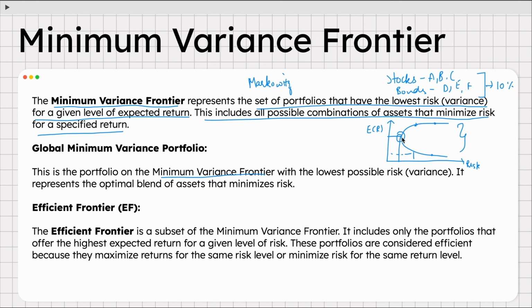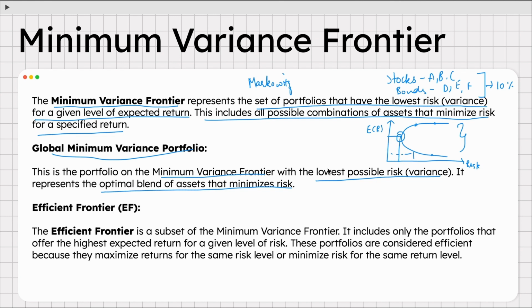The point where the risk is minimum, the lowest possible risk, that portfolio is the global minimum variance portfolio. It represents the optimal blend of assets that minimizes risk. Got the point? So you plot this graph, and the graph will show you, for each level of return, which is the portfolio with the lowest risk.